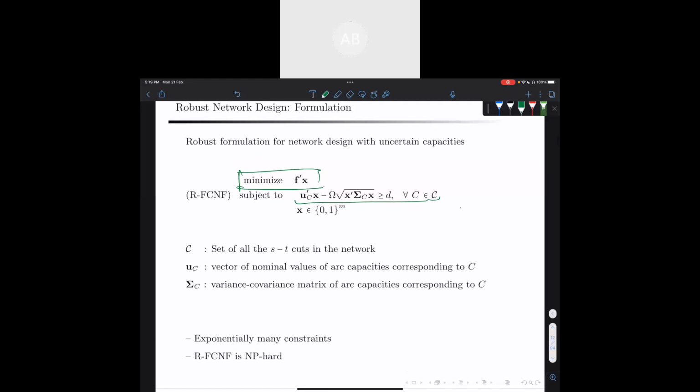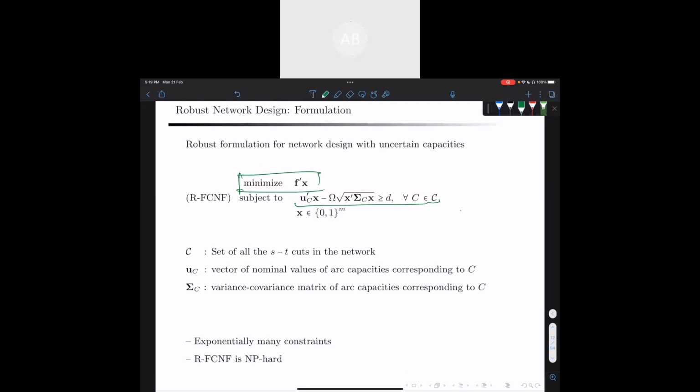The problem, if you can see, is that we have to write this constraint for all the cuts possible. And if you have been following closely, then if I want to partition the nodes into a source set and a sink set, how many possible total cuts would I have? It's an interesting icebreaker, I hope.